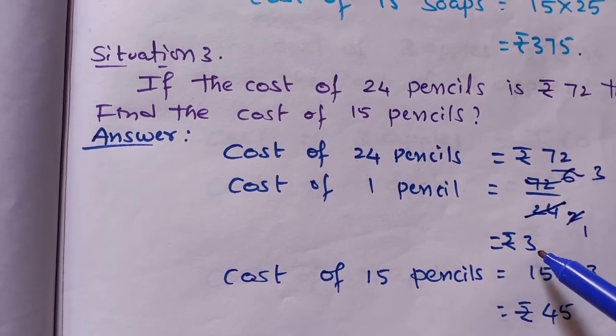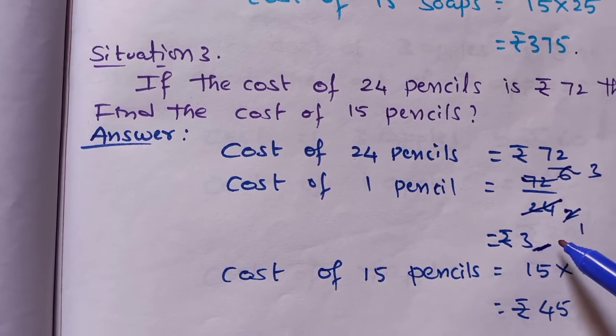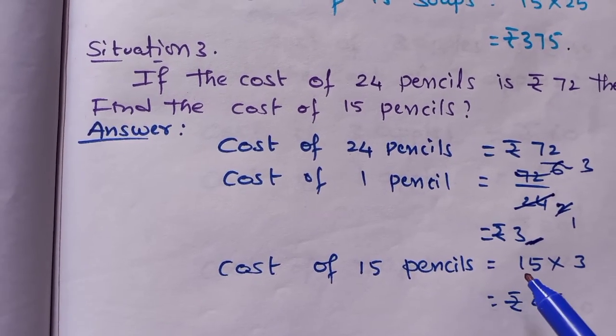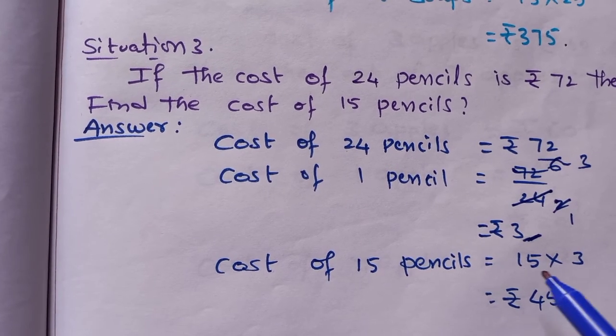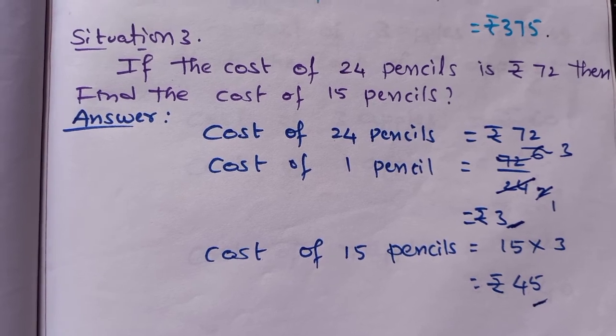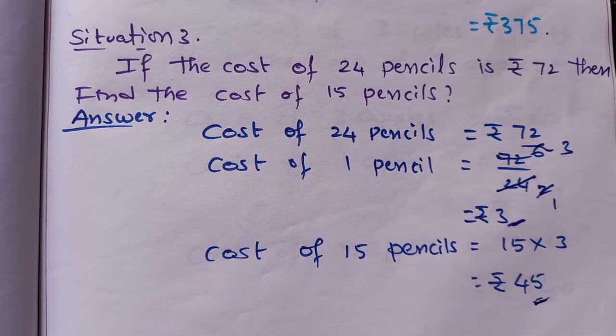Therefore the cost of one pencil equals 3 rupees. Now we require the cost of 15 pencils: 15 into 3 rupees, 15 3s are 45. The cost of the required pencils equals 45 rupees.